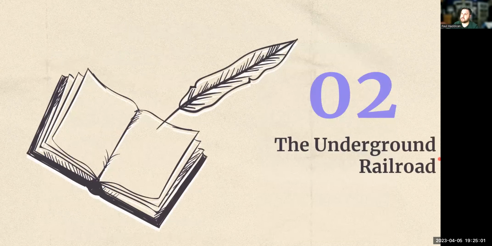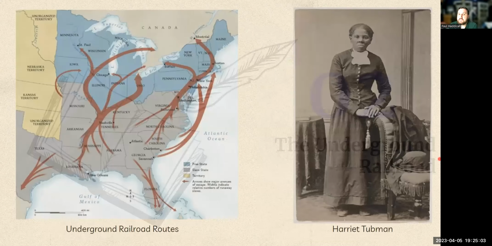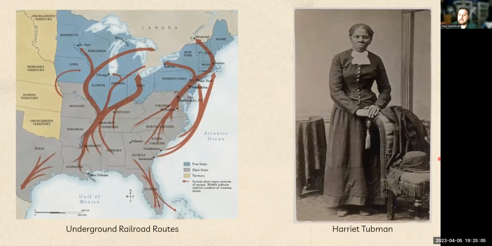It's unconstitutional. And so while all this is happening, we have a huge increase in the use of the Underground Railroad, which is not a physical railroad, but a series of trails to get enslaved people out of the South and off of their plantations, either to the north and then into Canada, or out to the islands, or down into Mexico.